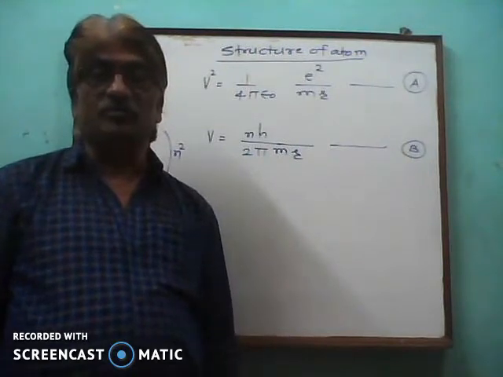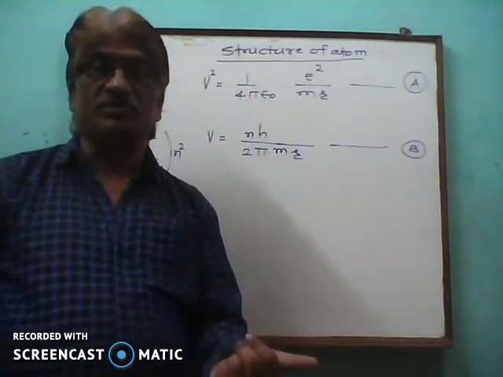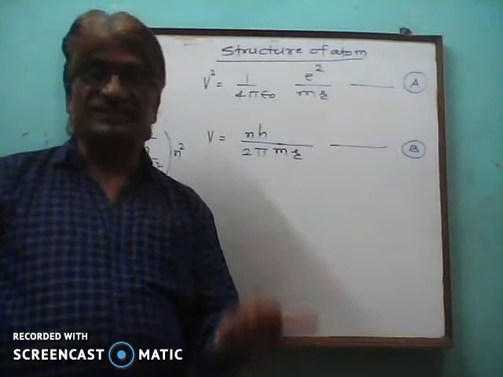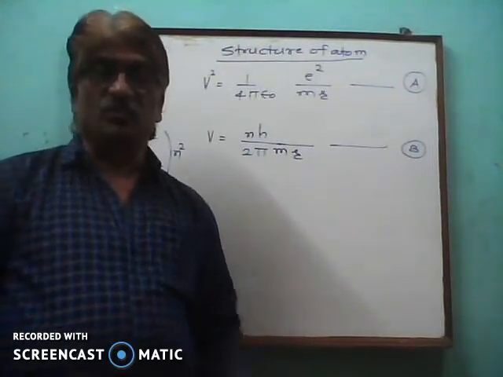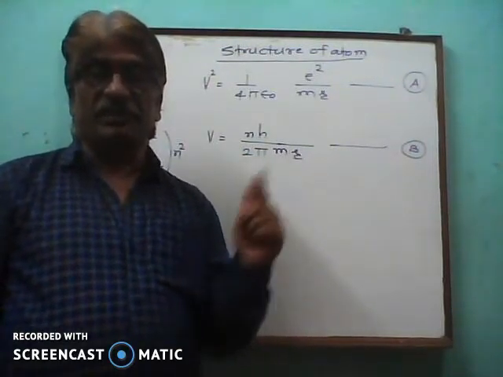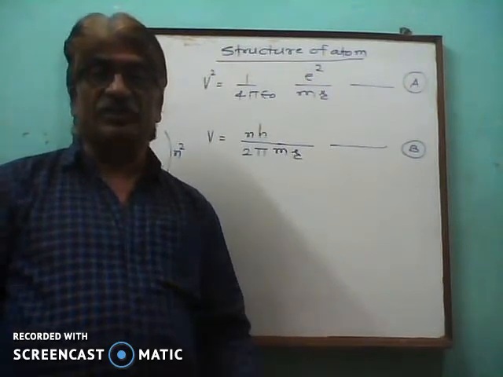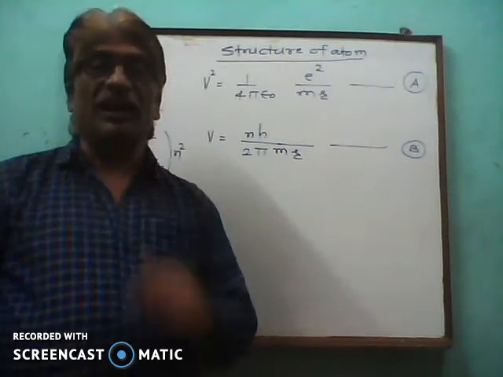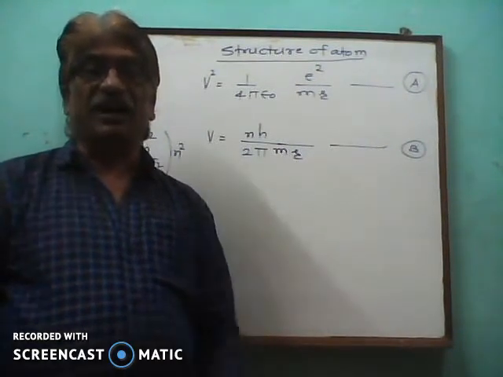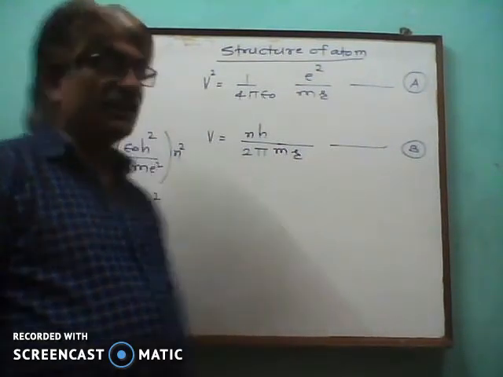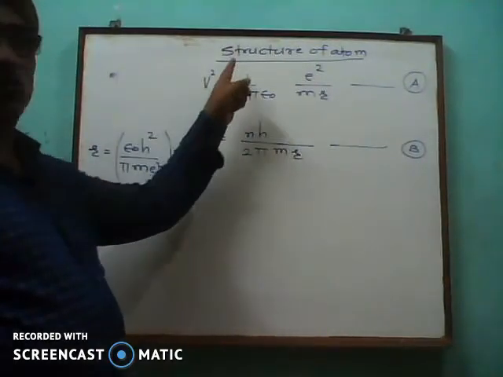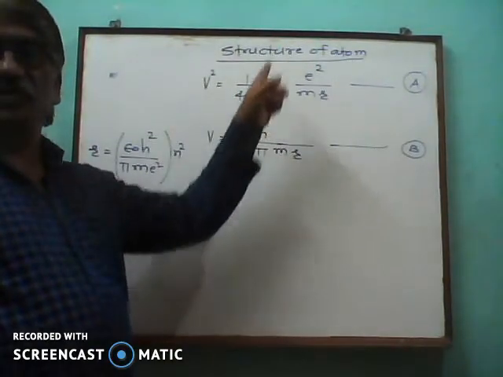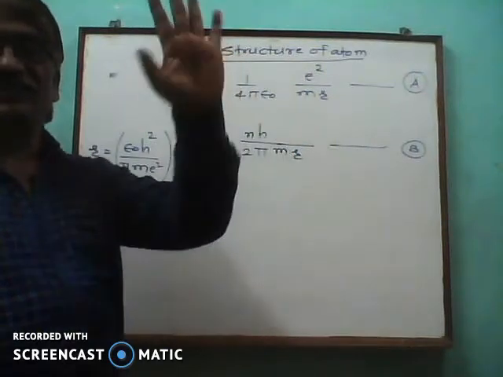This centripetal force is provided by the electrostatic force between nucleus and electron. So centripetal force mv square upon r is equal to 1 upon 4 pi epsilon 0 e square upon r square. Cancel the term r. So we get the equation v square equal to 1 upon 4 pi epsilon 0 e square upon mr. That is equation number A.